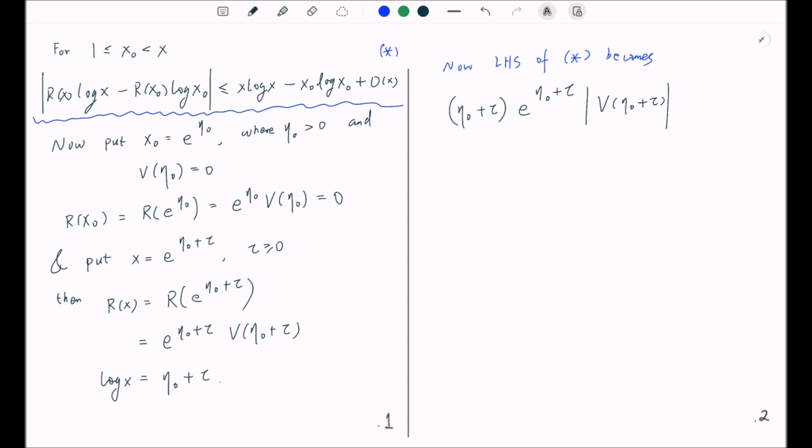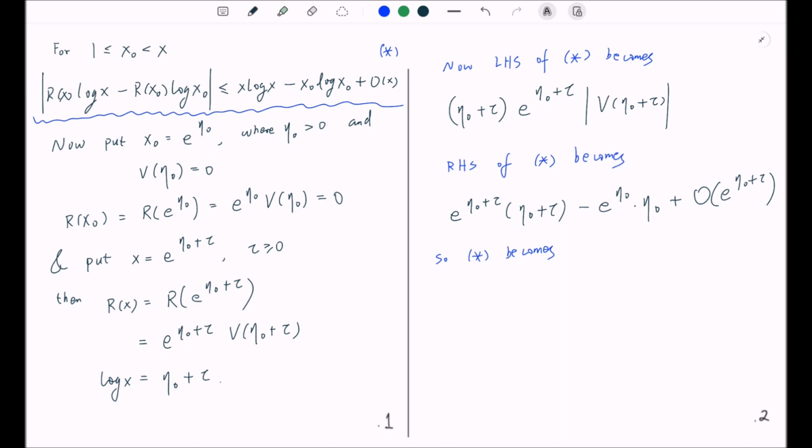And the right-hand side of this becomes e to the eta naught plus tau times eta naught plus tau minus e to the eta naught times eta naught plus big O of e to the eta naught plus tau, simply by substitution.